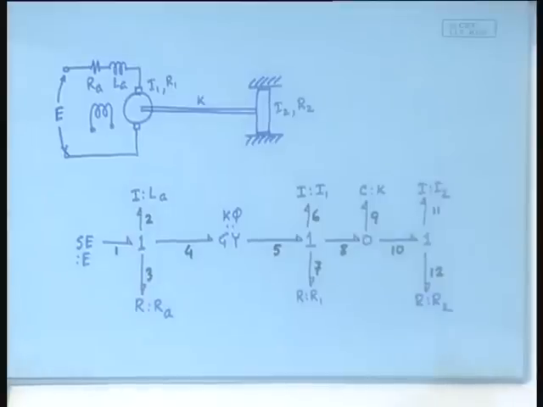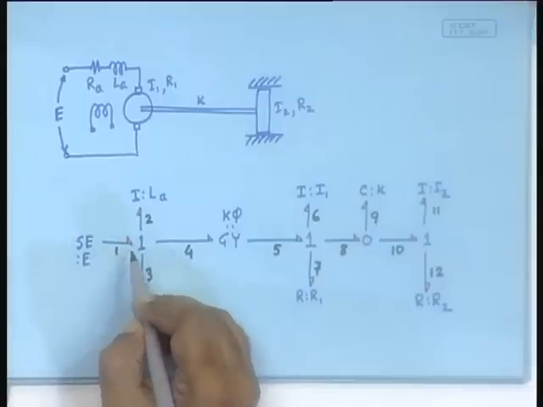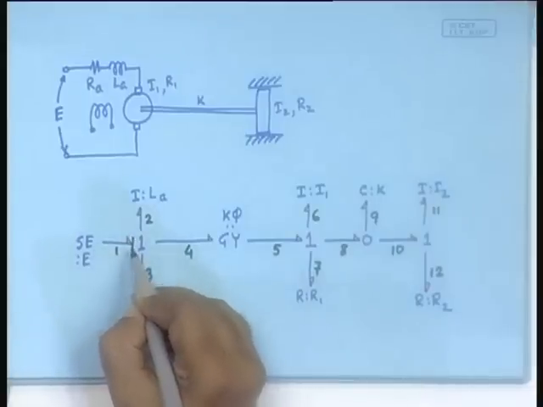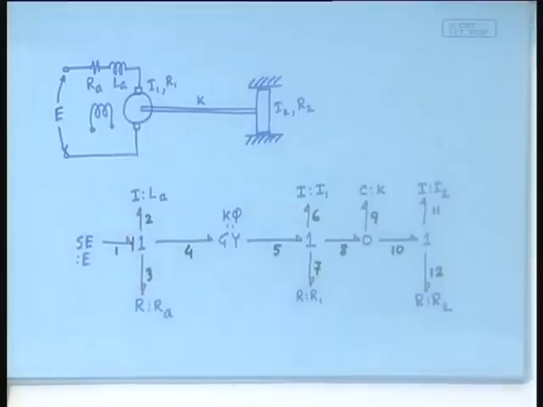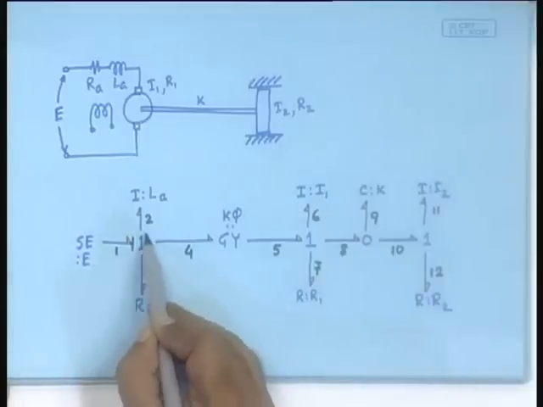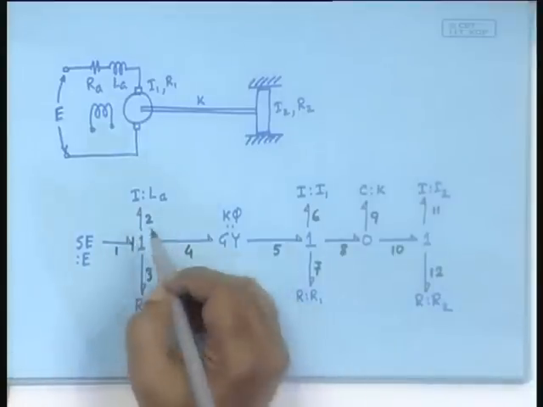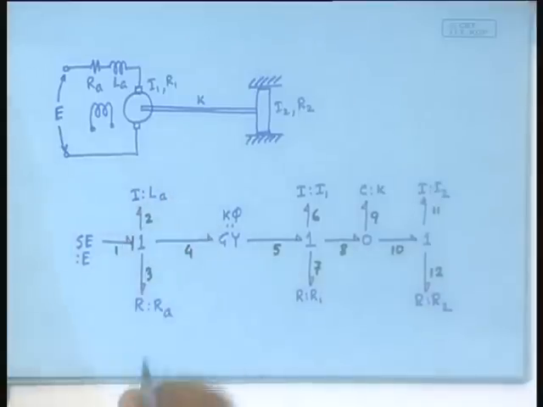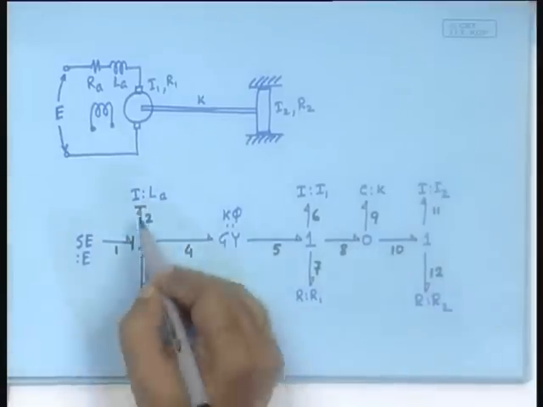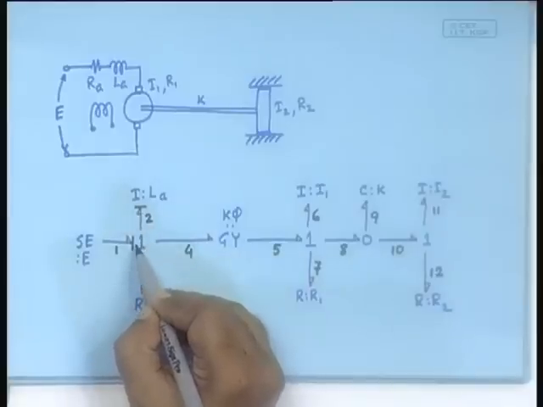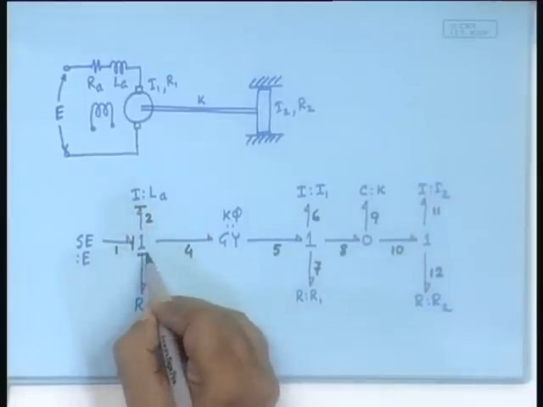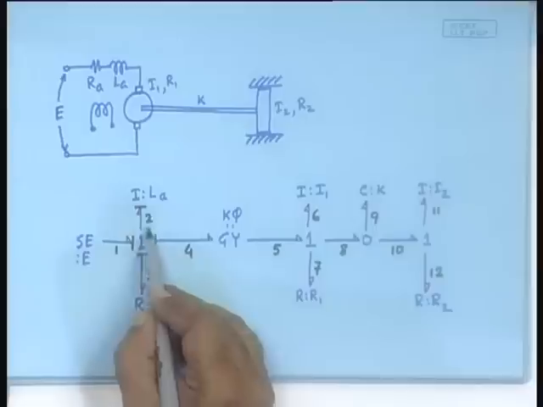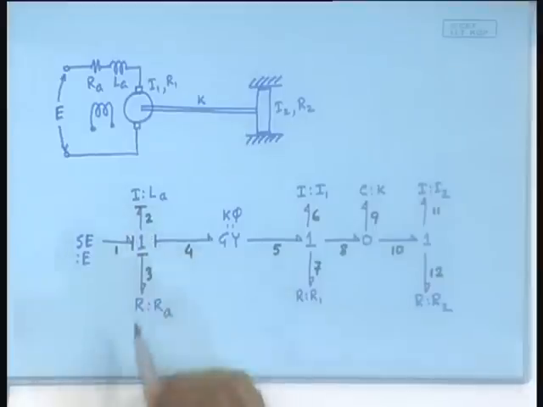Now, let us assign the causalities. First, the SE element will be receiving the flow information and giving out the effort information. At this point, this one junction is not causal. So, let us put the causality of the I element, integral causality, which is like this. The moment it brings in the flow information, it has to take out the flow information, and therefore, this junction becomes completely causal.